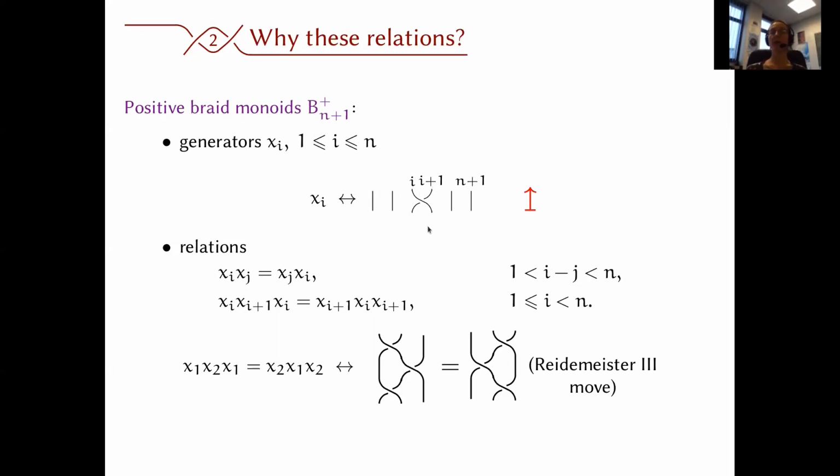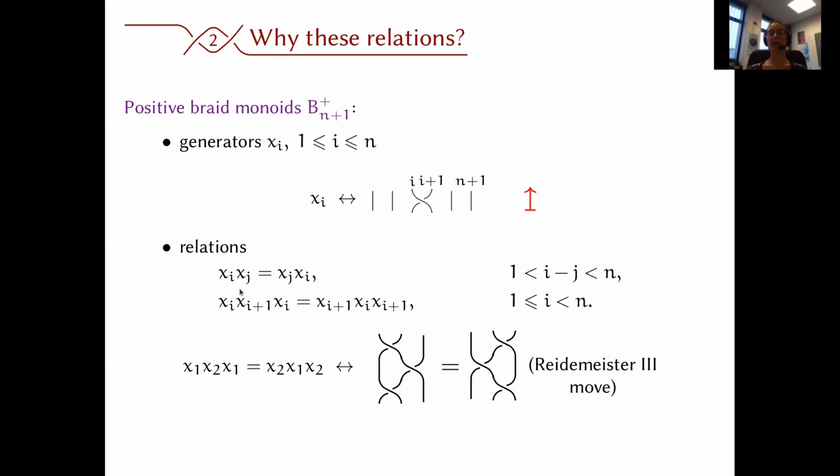In general, people are more used to working with braid groups, where these crossings can be like this or the opposite side. But the objects I'm interested in here are positive braid monoids. And so in order to describe all braids, you just need two types of relations. You need this far commutativity, which is very easy to understand.